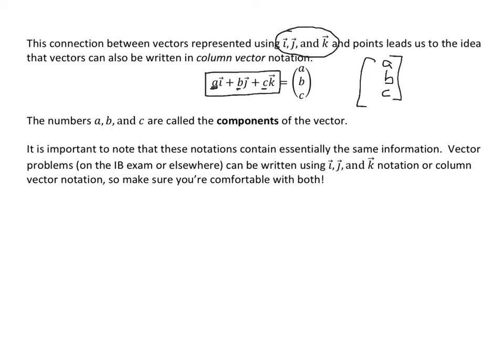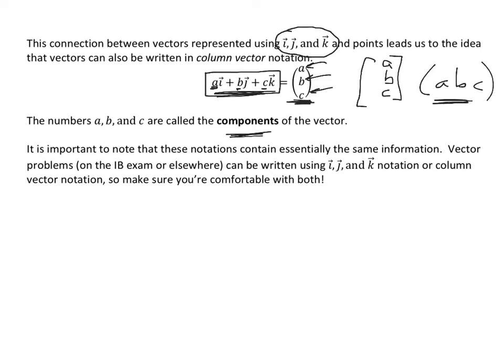You might wonder why we write it vertically instead of like this. The main reason is that if I write it like this, it looks too much like a point. And I've mentioned that points and vectors are different. Again, I'll get to that later. But for now, know that you can either write things in this ijk notation or in column vector notation. And these values that we have here are called the components of the vector.